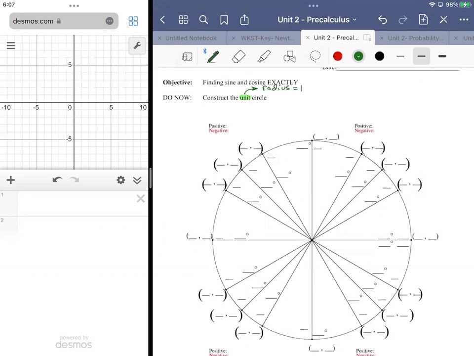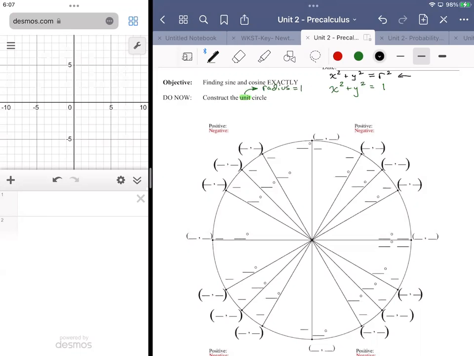One way would be using the formula, or well, it's not really a formula, but it's an equation: x squared plus y squared is equal to 1, right? But that 1 is actually the r squared value, right? So this comes from x squared plus y squared is equal to r squared, right?